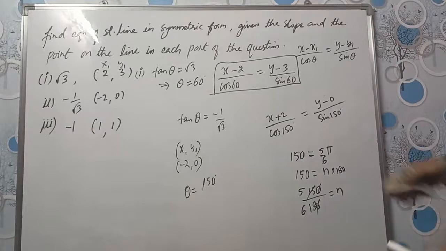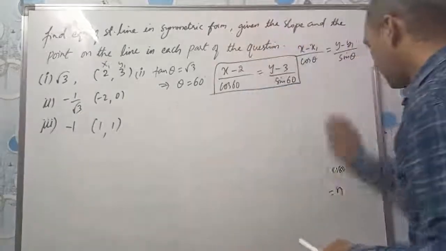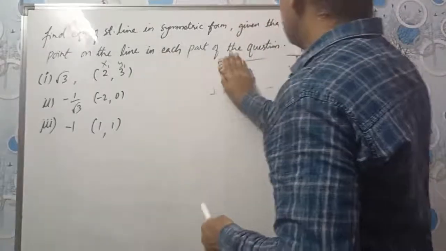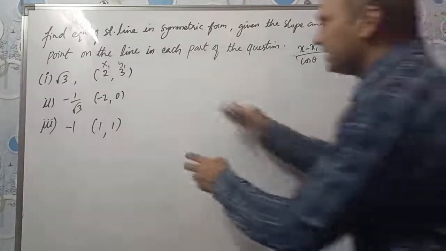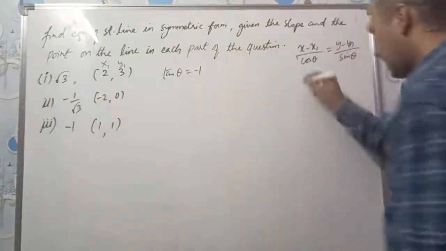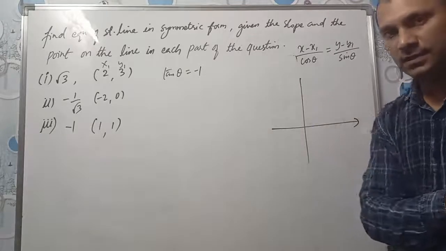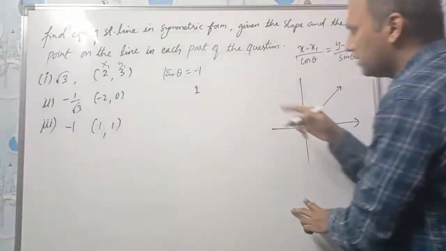Let us do the third bit now. Tan theta is minus 1. Now pause the video and tell me what will be the angle theta. See, let us take the magnitude 1.